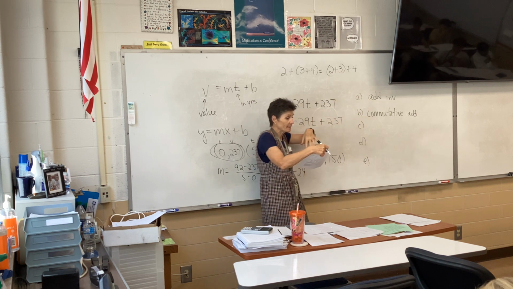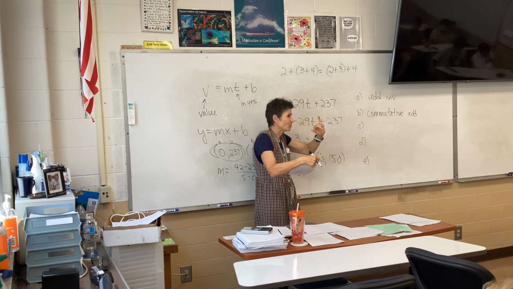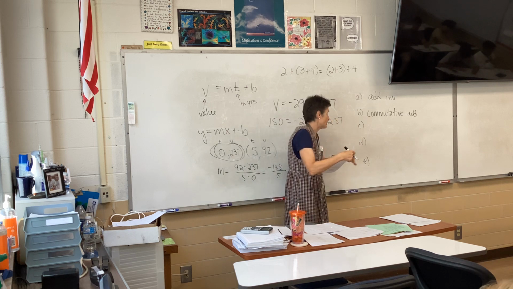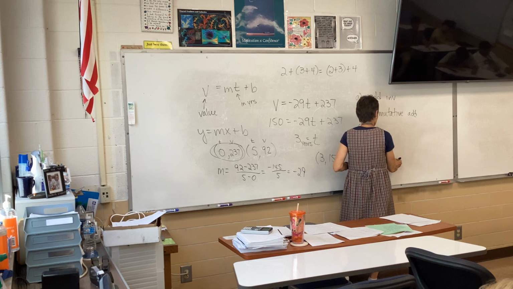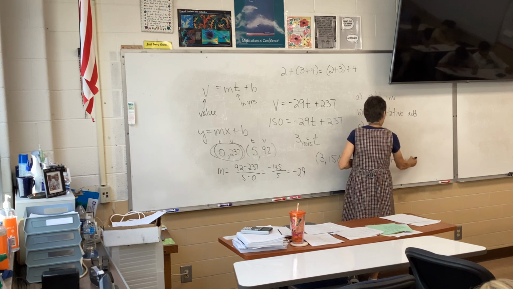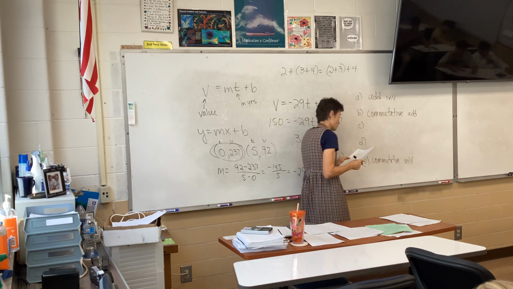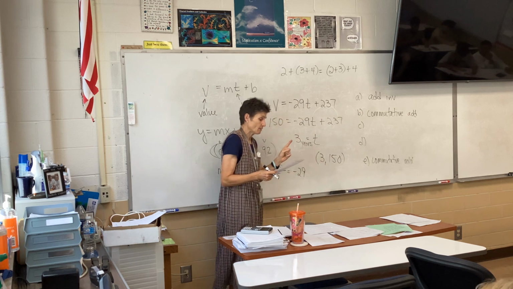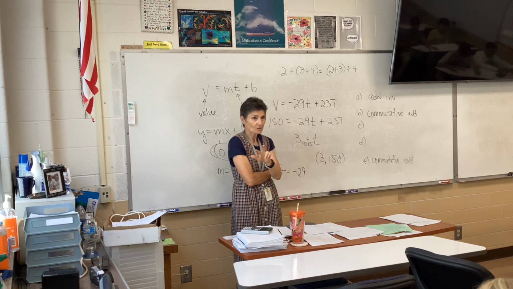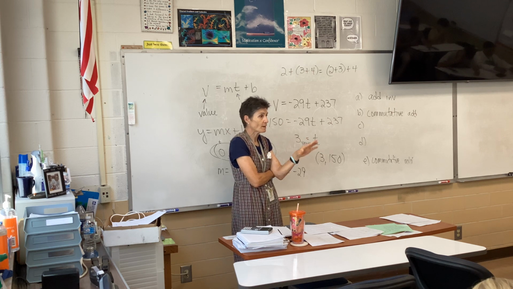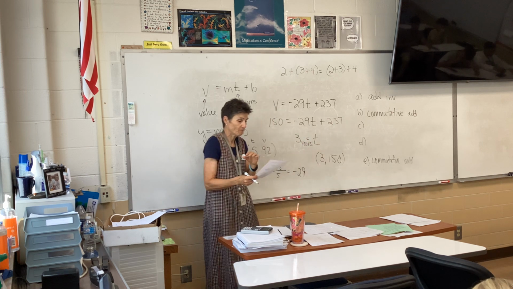What's happening in E is not a regrouping. Yeah, commutative, that's a tricky question. Sometimes we see the parentheses and we think it's associative. Does everybody understand why E is commutative? The order changed. You rearranged. When you rearrange, it's commutative. Perfect.